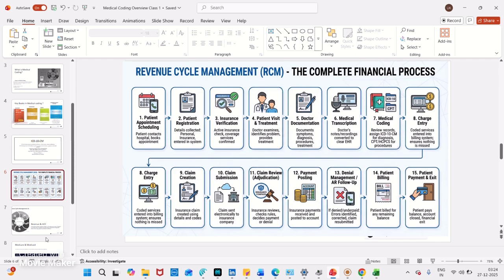But in the USA, it is insurance based. Most people in the United States have health insurance because healthcare costs are extremely high. Even a small medical issue can cost thousands of dollars without insurance.